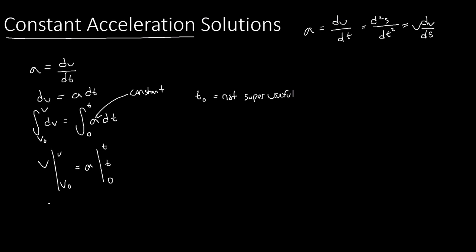So if we go ahead and plug these in, we're going to have v minus v naught is equal to a times t. So a lot of times the way you will see this written is v is equal to v naught plus at, which makes a lot of sense. Your final velocity is whatever your initial velocity was plus whatever your acceleration was times how long you were accelerating.